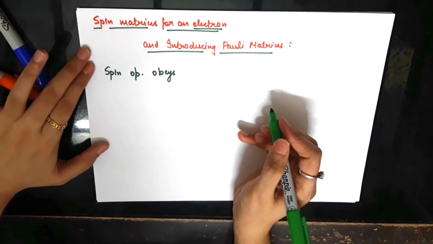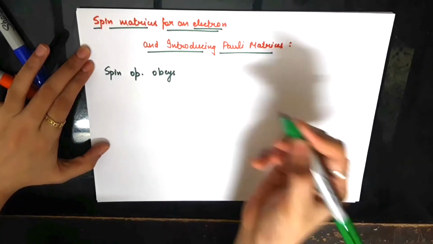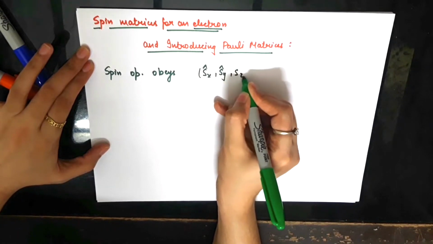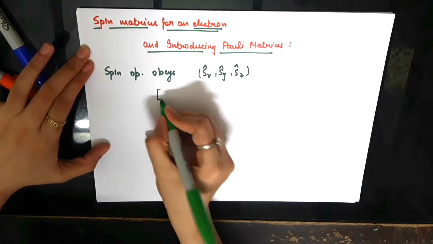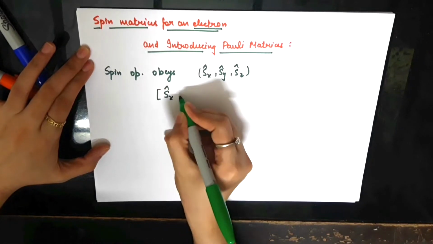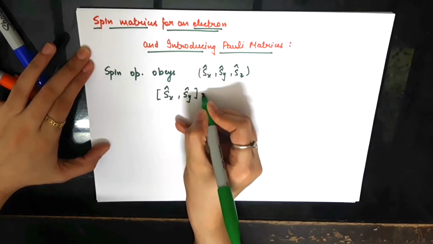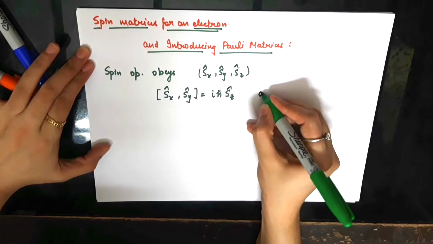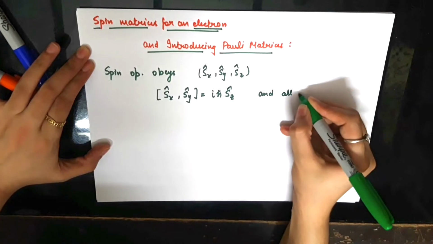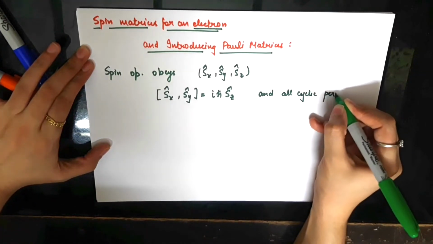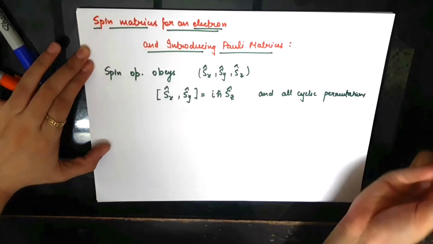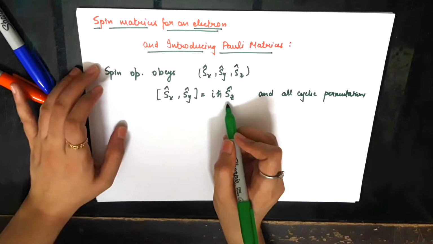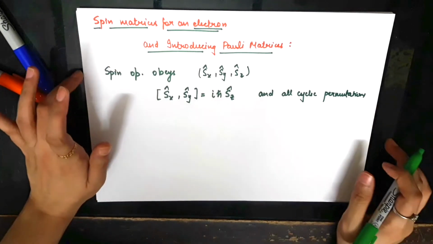There are three spin operators that we deal with: Sx, Sy, and Sz, and they obey these relations, namely the commutator of Sx and Sy equals i h bar Sz, and all the cyclic permutations. By the cyclic permutations, you can find the commutator of Sy and Sz, that would be i h bar Sx, and the others follow in a similar way.